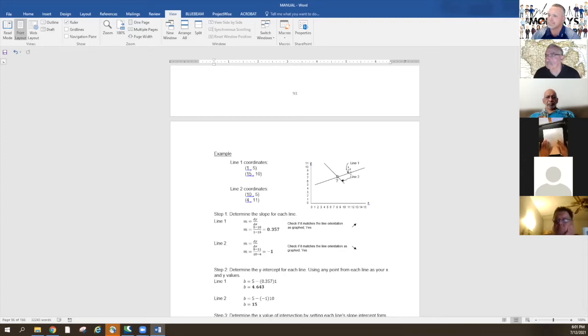For line one, the northing and easting of my first point is 1, 5. My northing easting of this point is 15, 10. Then for the other line it is 4, 11, and 10, 5.